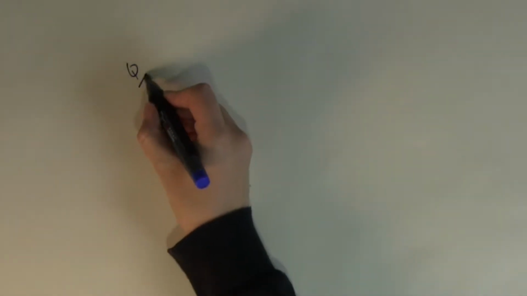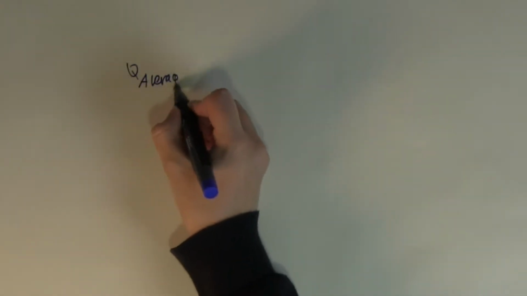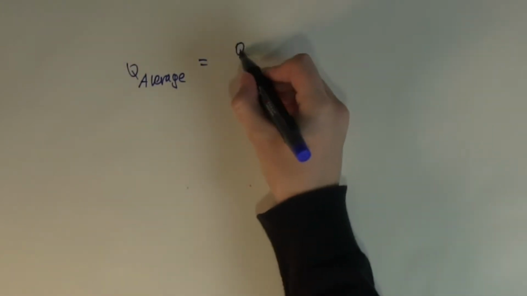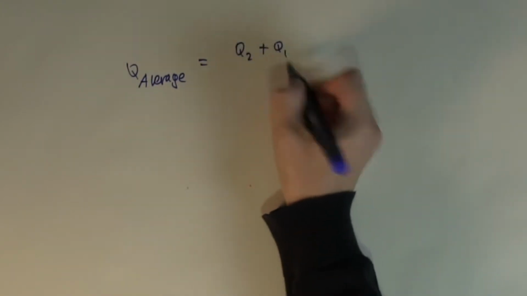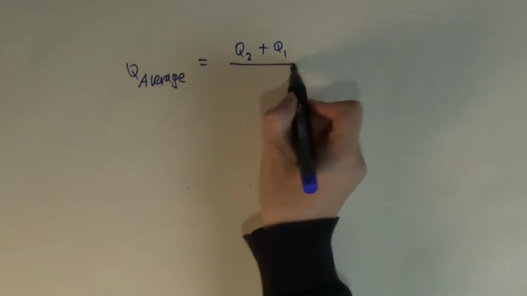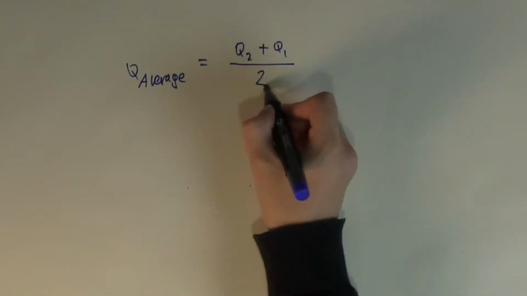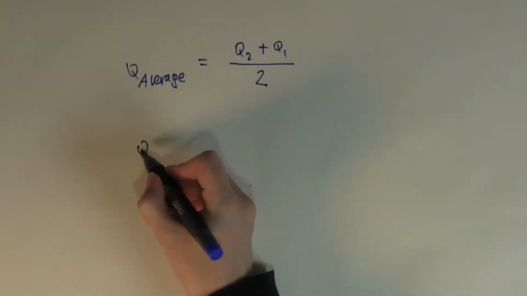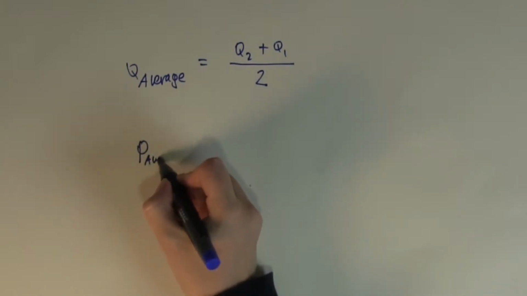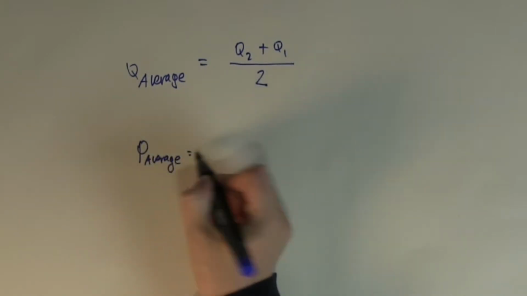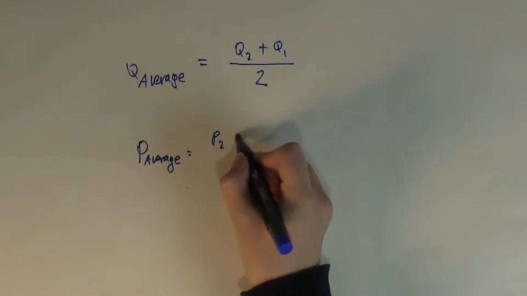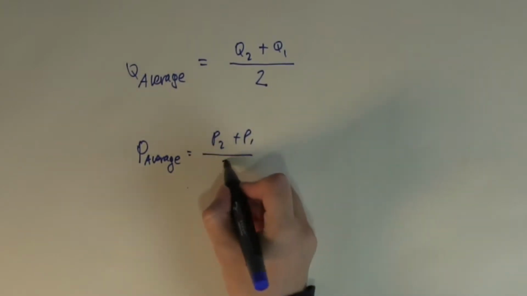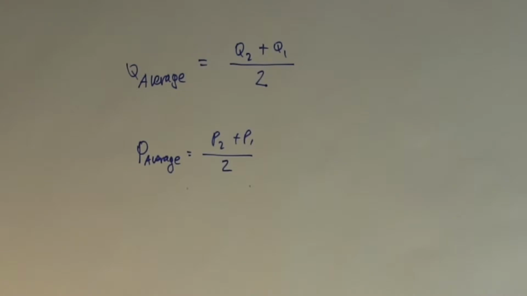So the Q average is equal to the sum of the two quantities divided by the number of quantities, which is 2, and the price average is calculated similarly, the sum of the two prices, again divided by 2, because when you're calculating the average of two products, you are dividing it by 2.